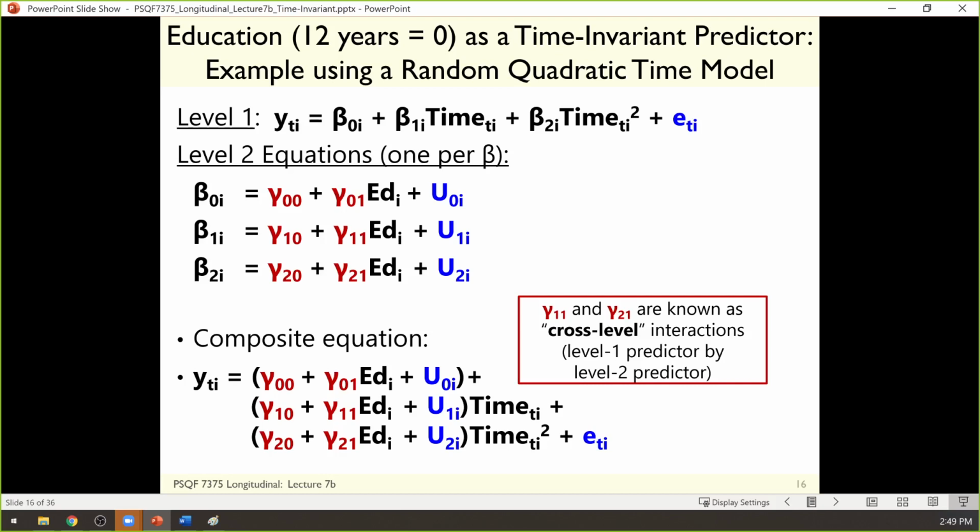Is it because of how many years of education you have? Is it because of this other trait we've only measured for you one time? Anything that is measured once as a person level characteristic can predict individual differences. And there's 3 kinds of individual differences, and so there's 3 different ways that education can operate in this model.